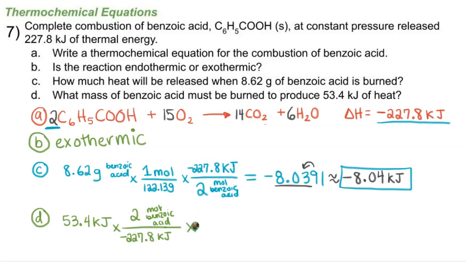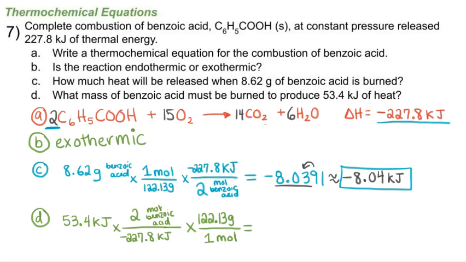And now that we are in moles, we can take our moles to grams simply by using the molar mass. So 1 mole of benzoic acid is 122.13 grams. So now that we have this set up, we just need to multiply out 53.4 divided by negative 227.8 times 2 times 122.13.